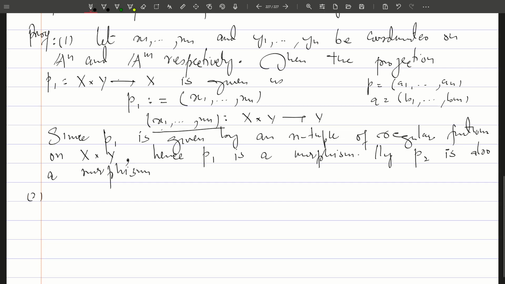Now let us prove the second item. We first assume that we consider some morphism, say phi from Z to X times Y, and we are going to prove that this phi is actually of the form (f, g), where f and g are morphisms from Z to X and Z to Y respectively. So let us consider phi to be a morphism.